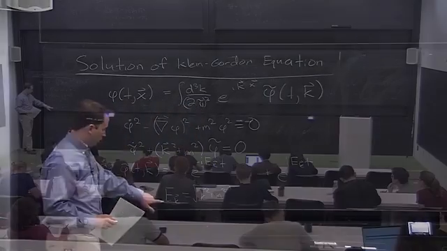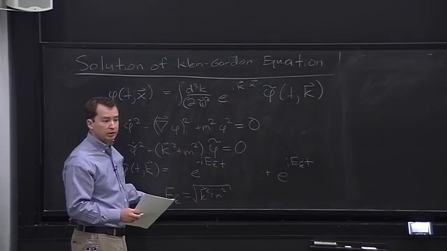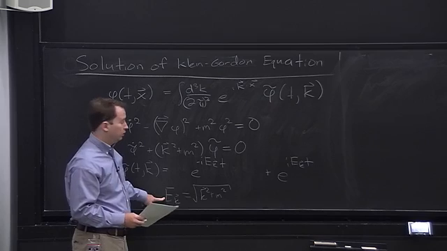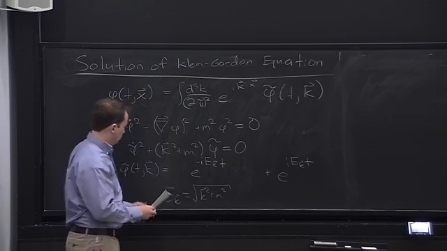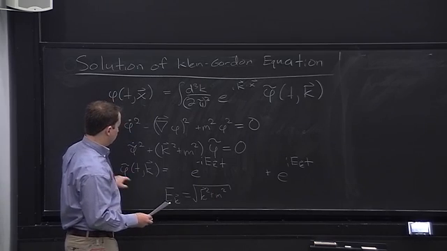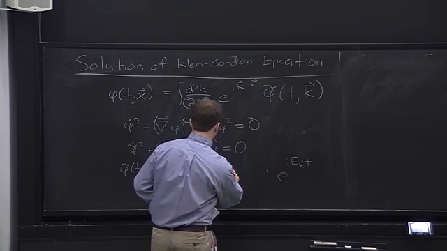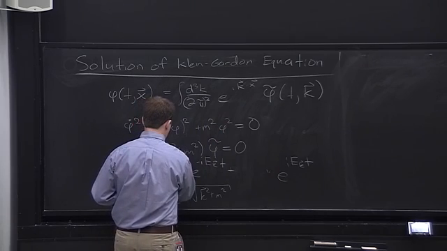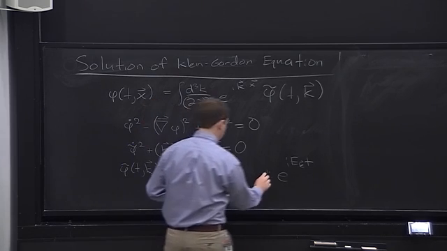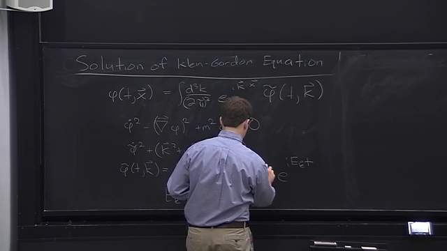I'm giving it this name because this is going to turn out to be the energy of our one-particle states with momentum k and mass m. And so both of these are solutions to this equation, and we can also throw in arbitrary time-independent coefficients for each of the terms. That's a general solution to this equation.